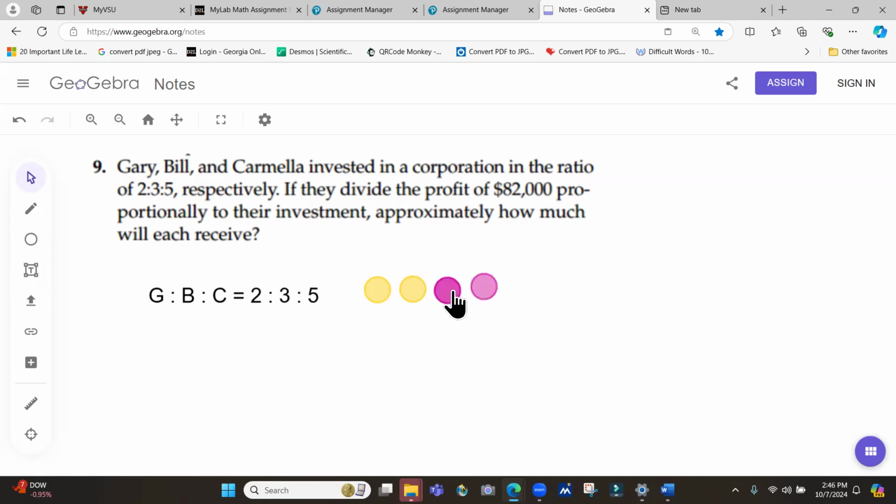You could have done a strip. Carmela, I'm going to make Carmela green. All the circles represent the same amount. The colors represent who they belong to.